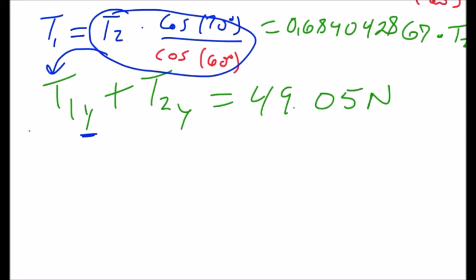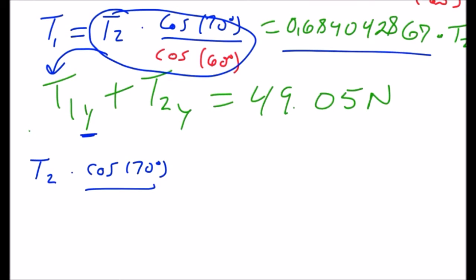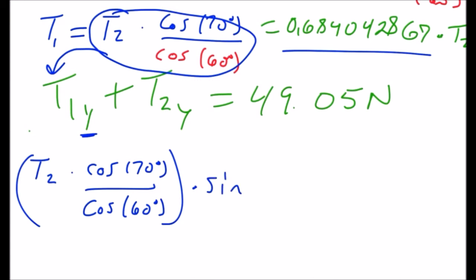So we're going to say T2 times the cosine of 70. If you want, you can use this decimal number right now instead of what I'm about to do, which is just keep it in terms of cosine stuff. So all of this, that's T1, and we're going to multiply that by the sine of 60, and that will make it T1y.